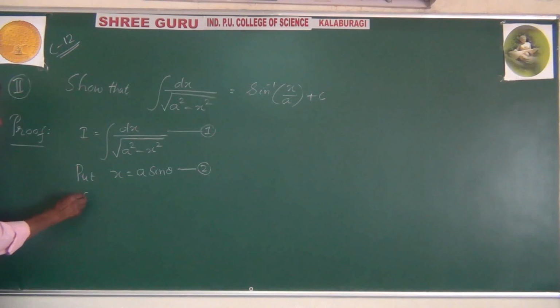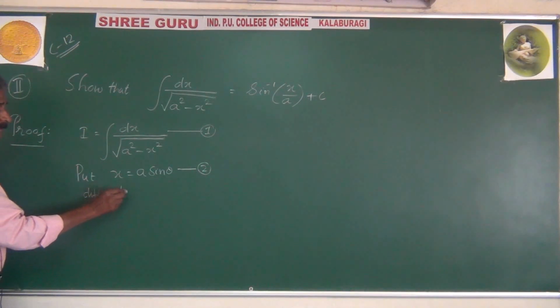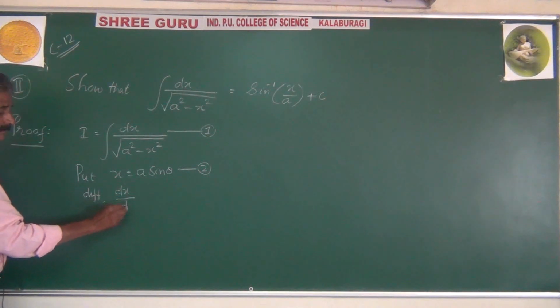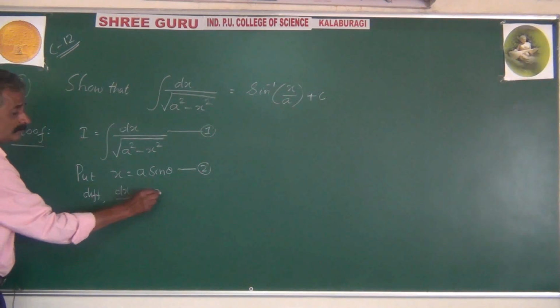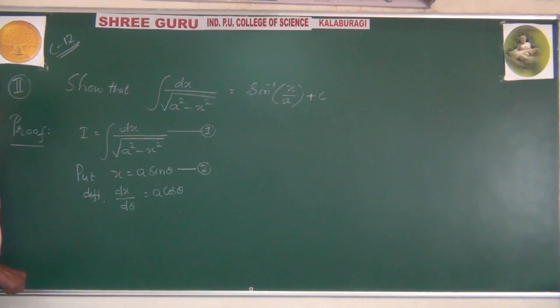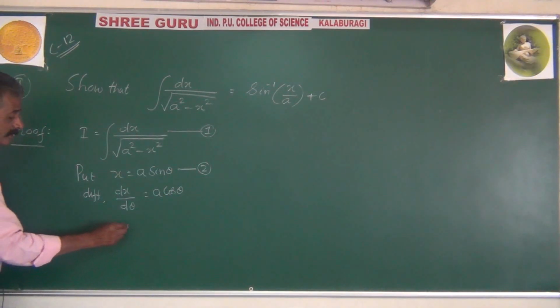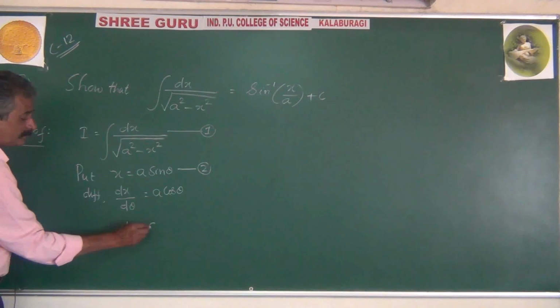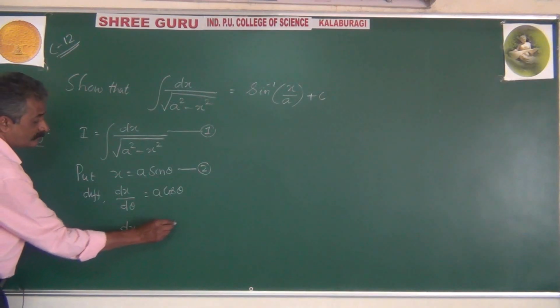Differentiating with respect to theta, dx by d theta on the right hand side is a into differentiation of sin theta, which is cos theta, or only dx equal to a cos theta d theta.